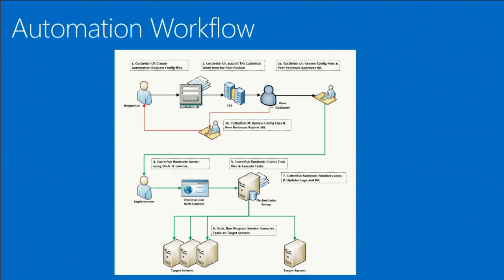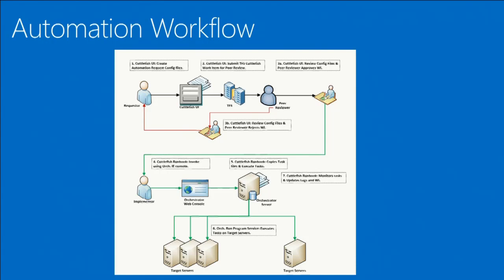Then there's an implementer persona. He opens the orchestrator web console, just like I did, and clicks start the workbook. It brings up a UI asking for the authorized work item number. He punches in the work item number that was approved here and says start.